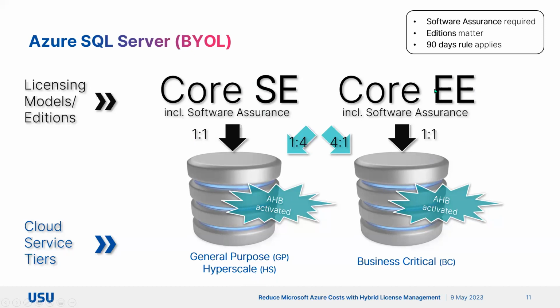And likewise, one enterprise core license covers one business critical core in the cloud. And then there's a cross relationship. So with one enterprise core license, you can cover 4 cores of general purpose. And likewise, you need 4 standard licenses to cover 1 core in business critical.